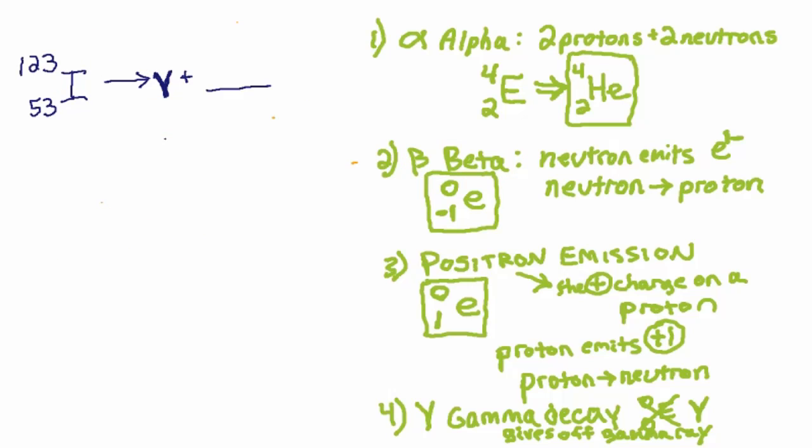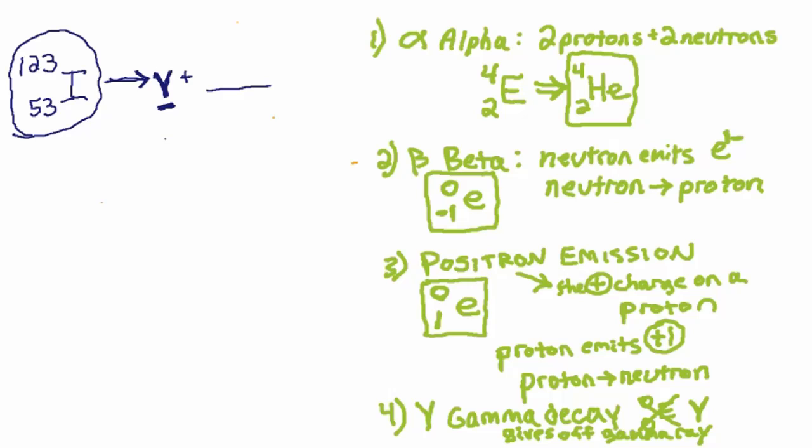Now here's a different problem. We have iodine 123 and its atomic number is 53, and we have the yield arrow and the sign for a gamma ray being given off. So if a gamma ray is given off, what happens to this original isotope here? Well, first of all, we need to fill in the blanks.